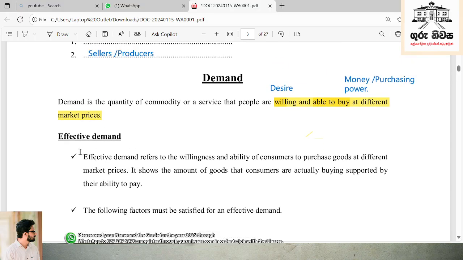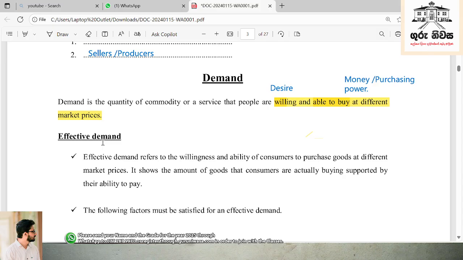Effective demand. Effective means, lamai, something that works. Someone can say it's not effective, meaning it won't work. Effective demand is like the actual demand. If someone goes into the market and buys a product, that's called effective demand, lamai.